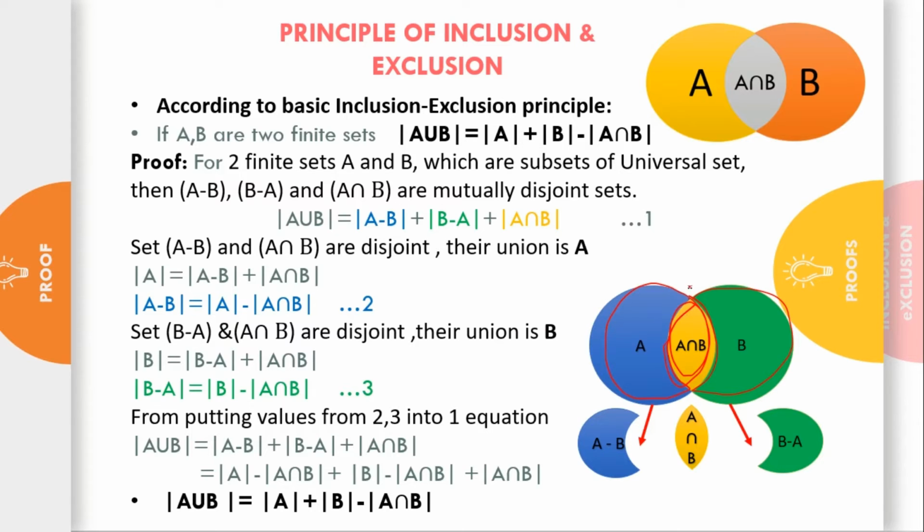Then we can conclude that the whole union will be set A minus B, this blue portion, plus A intersection B, this yellow portion, plus this green portion, set B minus set A.